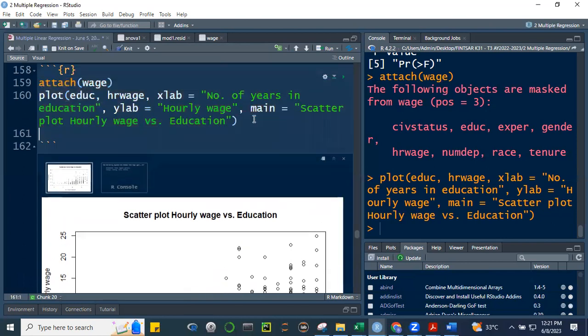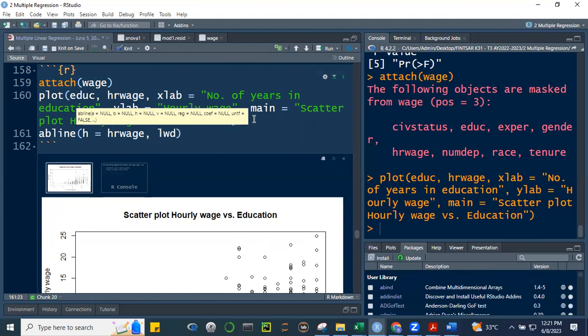Let's now create a plot, AB line, okay? AB line tapos horizontal natin, horizontal line will be our hourly wage. Tapos, gawin natin line width. LWD is gawin natin 3 para medyo makapal siya.